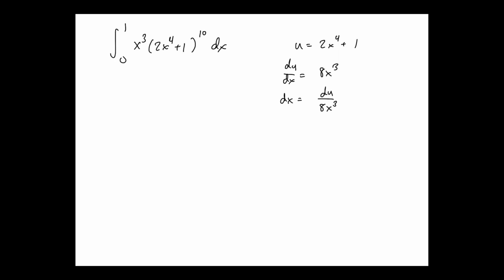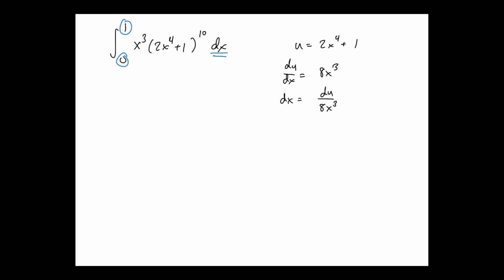Okay, so now I want to start plugging things in. But I have to be careful because the numbers at the bottom and the top are in terms of x. Now, how do I know that? Because the thing was dx.